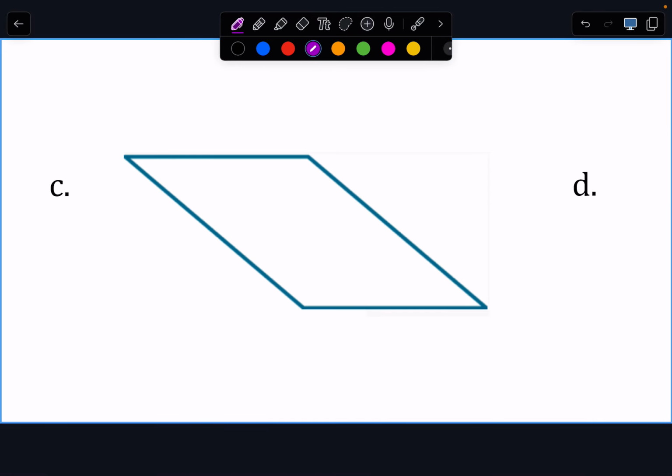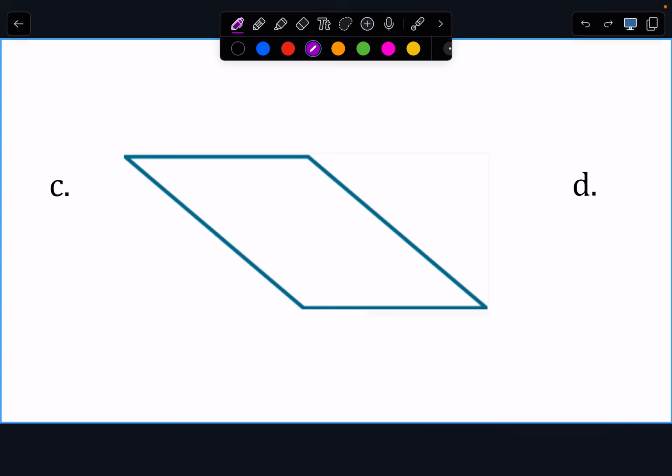What about C? Yes. Yes. Yes. What two? There's two. Go for the angles. Okay. If I fold it along this line, it'll look like that.